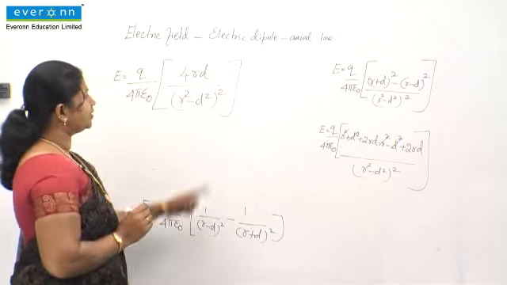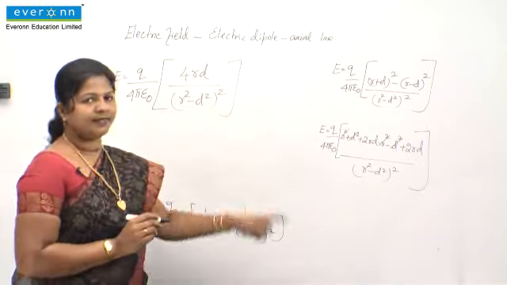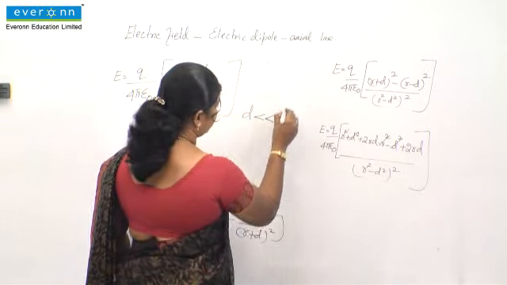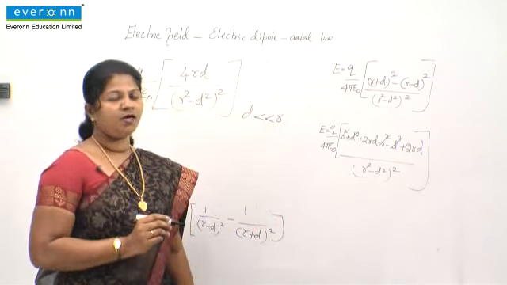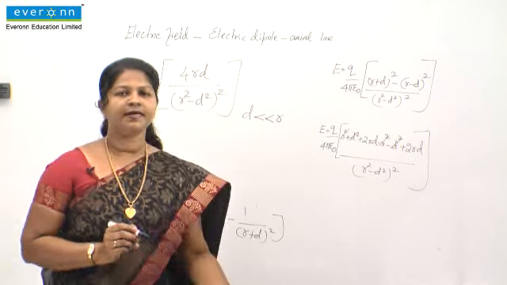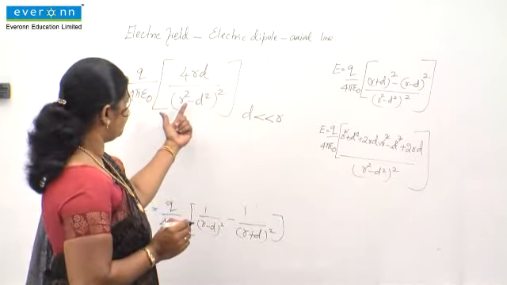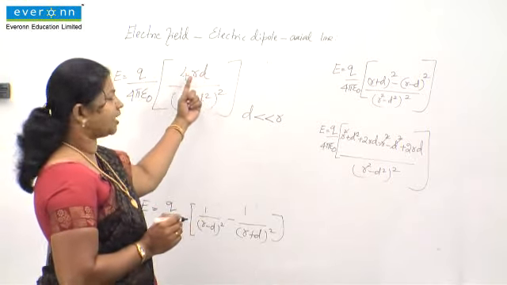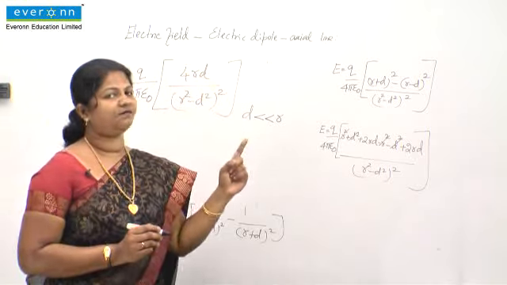Okay. Now if you compare the distance R and D, D is very small when compared to the distance R, which means the distance D can be neglected in the denominator. In the numerator we have the multiplication R and D, so there we cannot neglect the value.